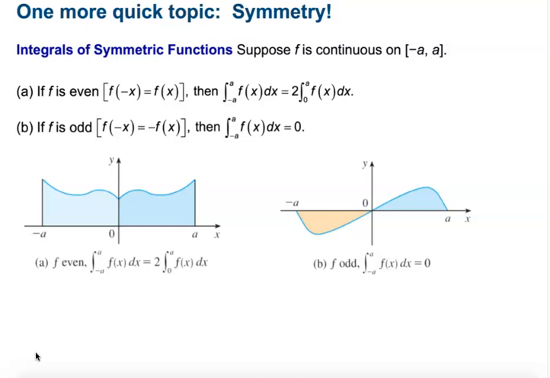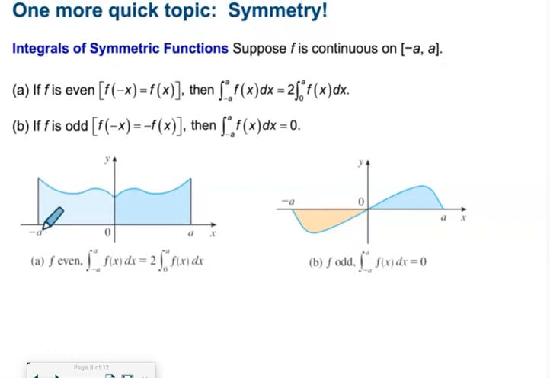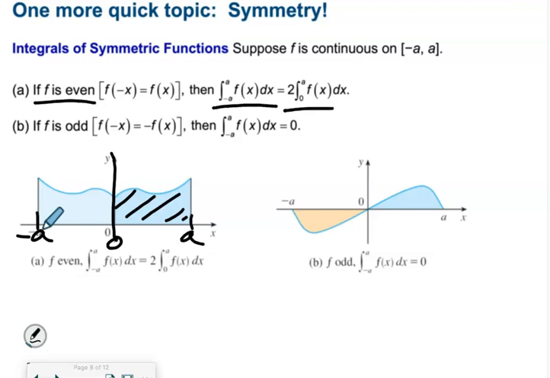When you have a function with y-axis symmetry, if you find the integral from negative a to a, that would be the same thing as finding the integral from 0 to a and just doubling it, because you have symmetry. Does that make sense? So if f is even, then the integral from negative a to a equals the integral from 0 to a times 2.